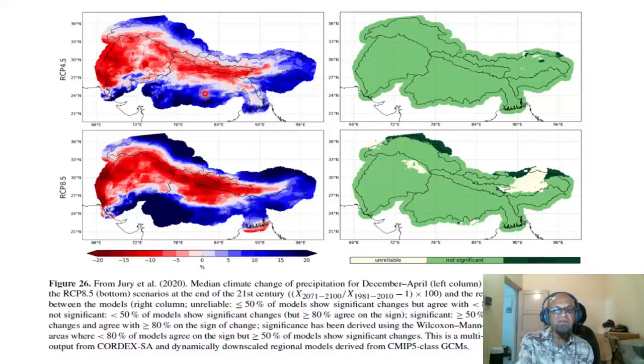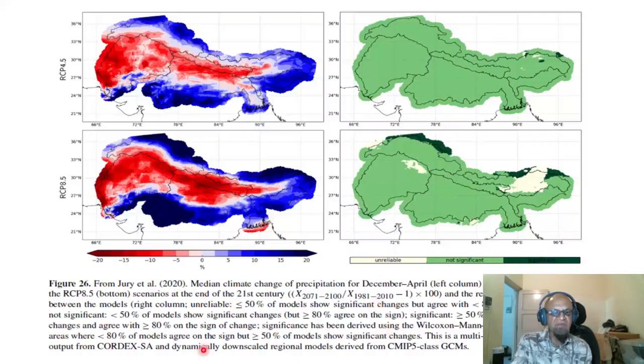Here is Nepal, north central to Pakistan and India, and so on and so forth. So median climate change of precipitation for RCP 4.5 and 8.5 scenarios at the end of the 21st century. So it's comparing 2071 to 2100 with 1981 to 2100.